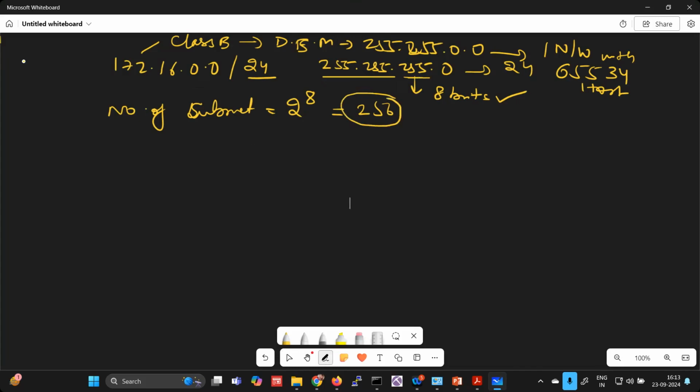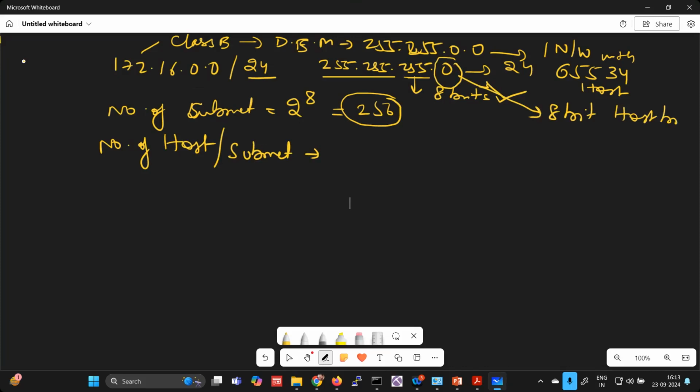And how many bits are remaining? The number of hosts in each subnet will be decided by how many bits are remaining in the host portion. This 0 is indicating the host portion. So 8 bits will decide the total number of hosts.